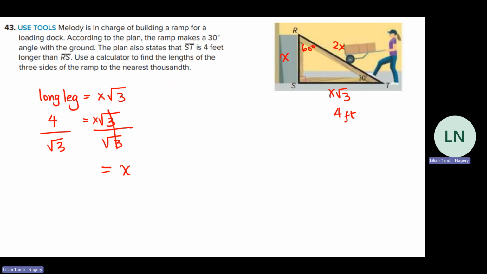So we will do 4 divided by square root 3. And we have to round our answer to the nearest thousandth. So this gives us, you press S-D, you get 2.3094.